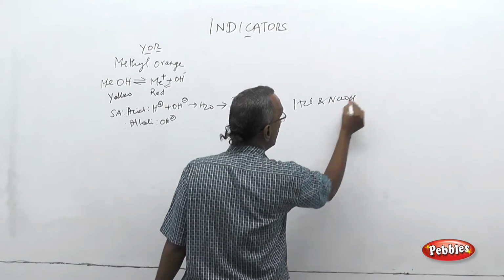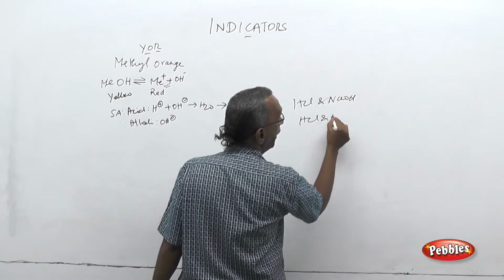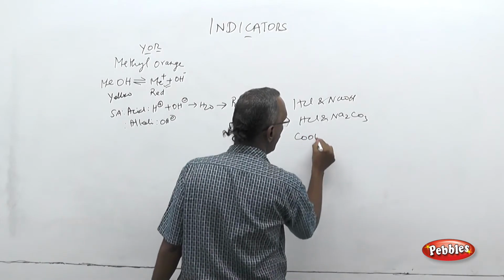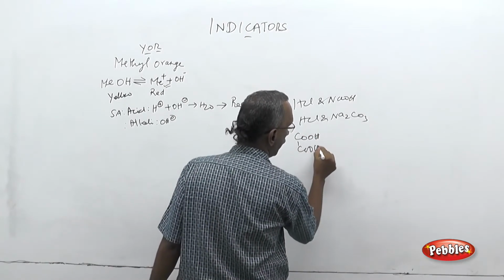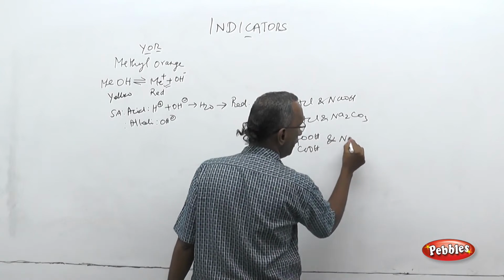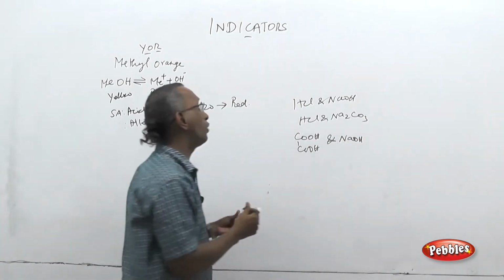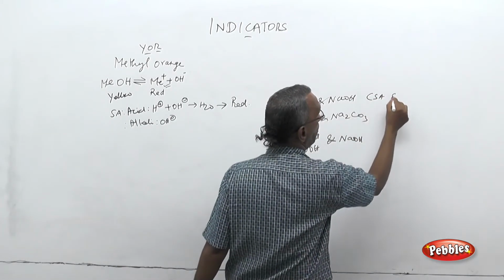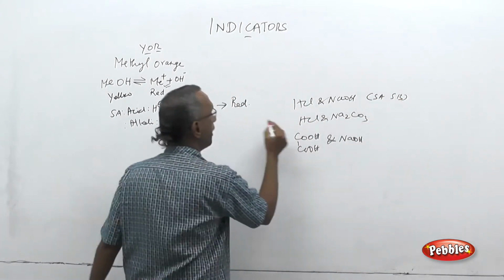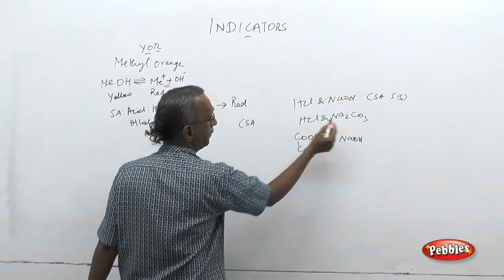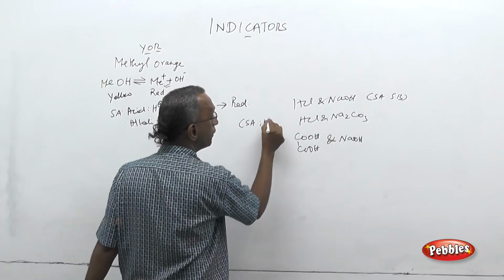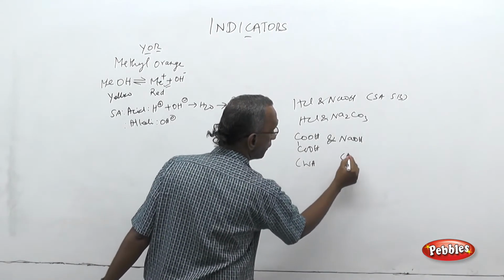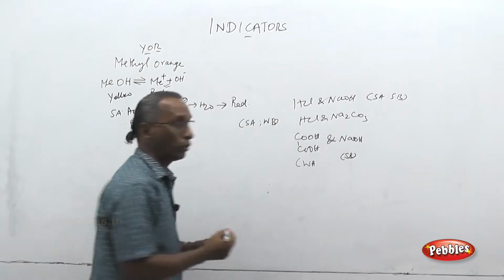What happens with HCl and Na2CO3, or oxalic acid and NaOH? These are different combinations, and each has importance. This is the strong acid, strong base combination. Here the acid is strong, but sodium carbonate is a weak base. Here the acid is weak, and sodium hydroxide is a strong base. That is to be noted.